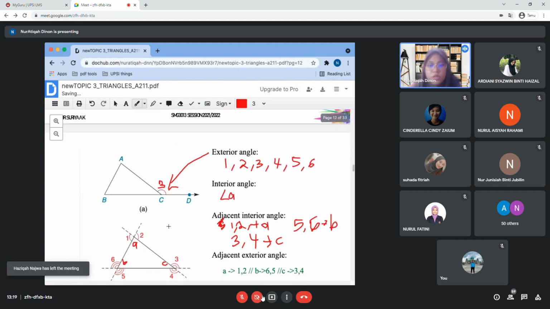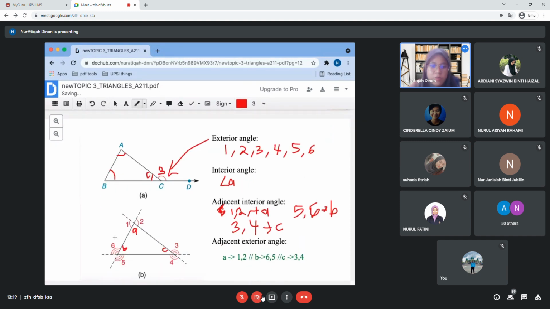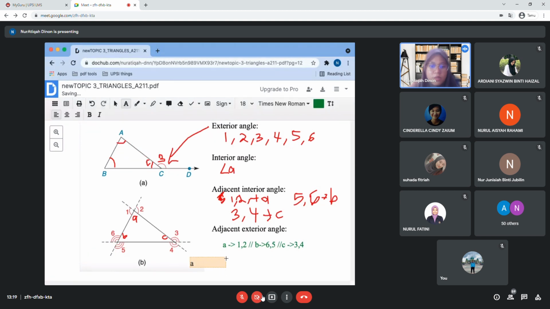We know the adjacent interior angle of 3 is C over here. So its two non-adjacent interior angles would be these ones. So we can say from here, based on this figure, 3 is equals to A plus B.